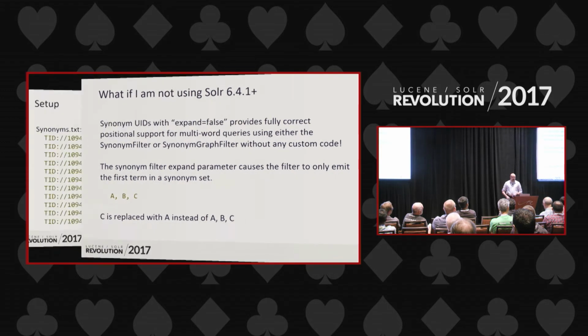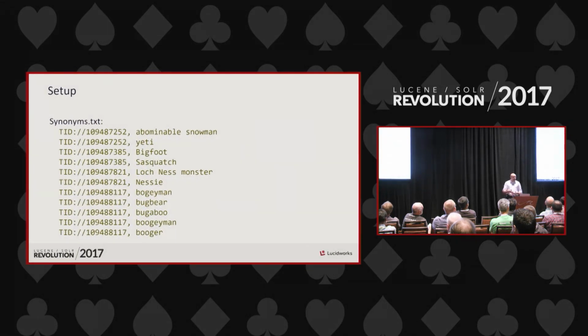So what does this actually look like? Here's a larger snippet of our synonyms text. Now earlier, I actually lied to you. I told you that the Solr synonyms format is one synonym set per line. That's gone now. We're actually seeing that we have synonyms on multiple lines. Yeti and Abominable Snowman are the same synonym, but we're going to trick Solr.